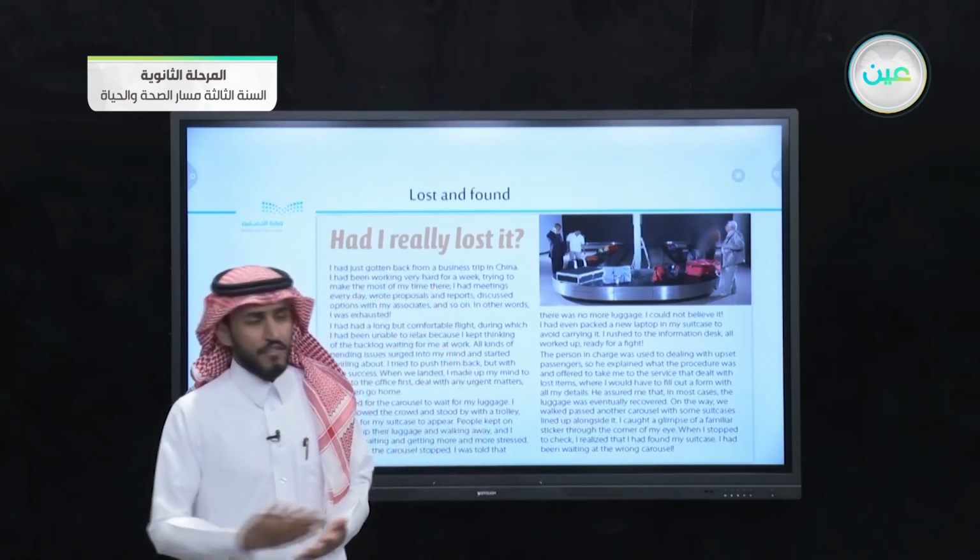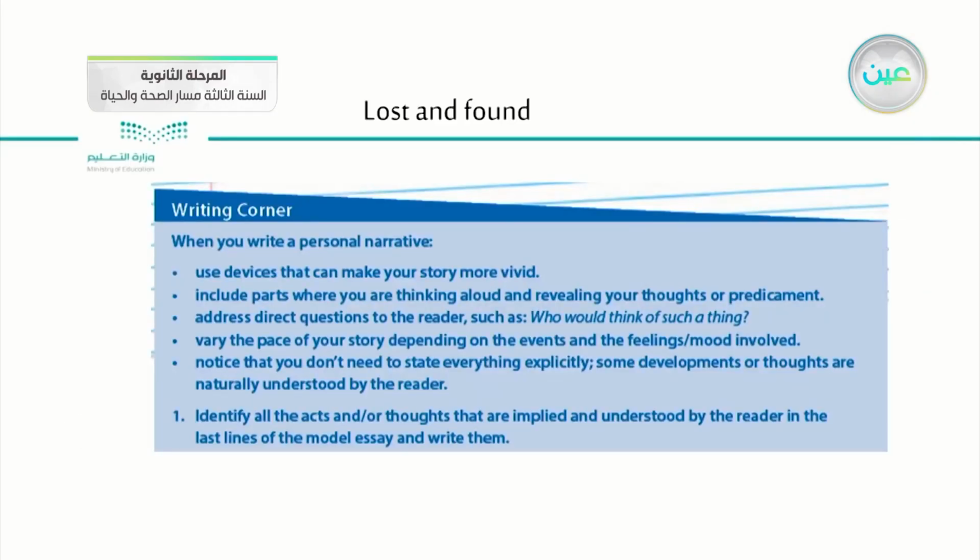After that, we went to the writing corner and we've learned some ideas. When we write a personal narrative, we should use devices that can make your story more vivid, include parts where you are thinking aloud and revealing your thoughts or predicament, address direct questions to the reader such as, who would think of such a thing?